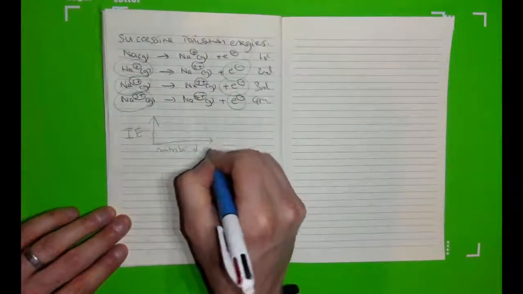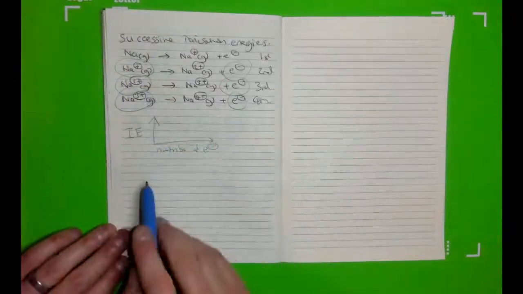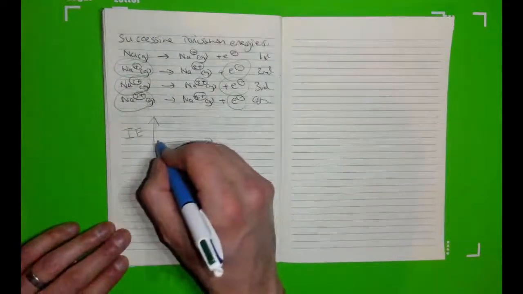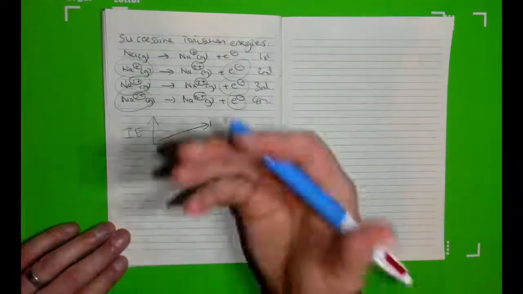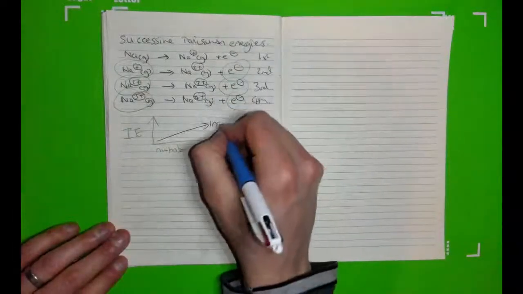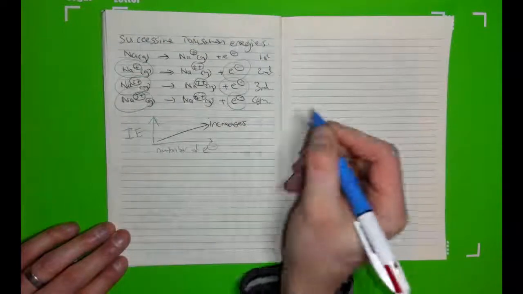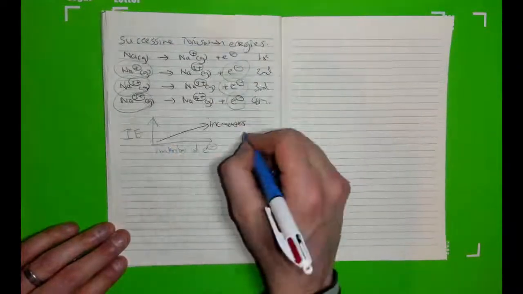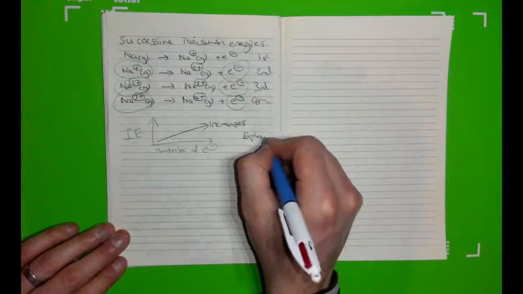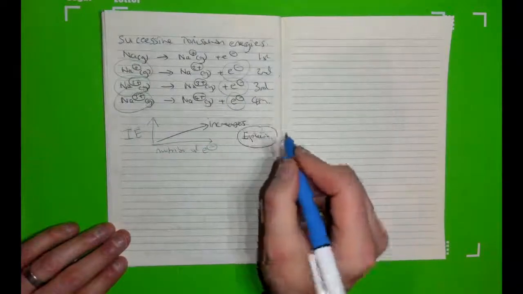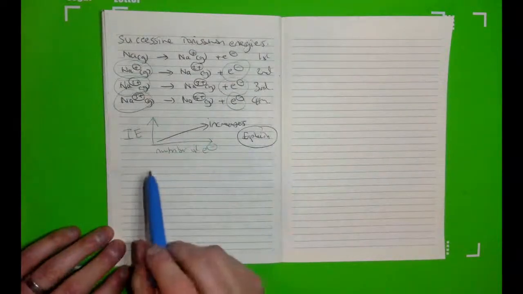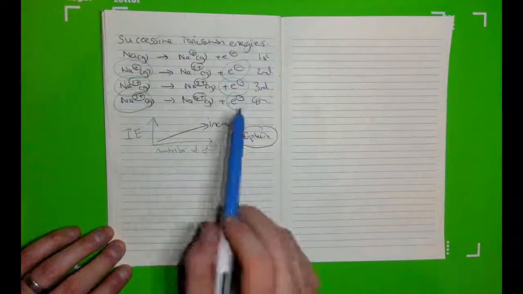We find that the general trend, I'm not going to put any points in here because it's just the general trend, is it increases as you take off more and more electrons. What I want you to do is explain that in your notes. Explain in full why the successive ionization energies for any element are going to increase.